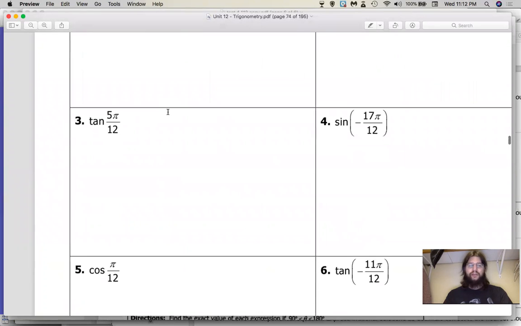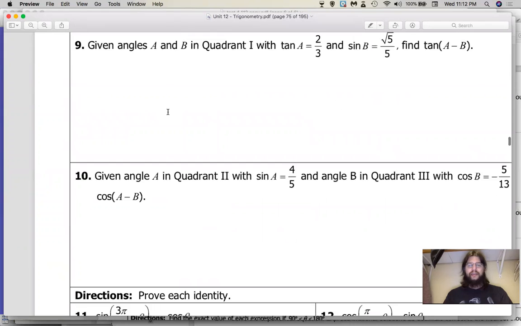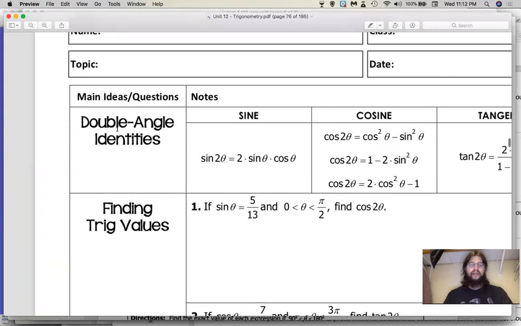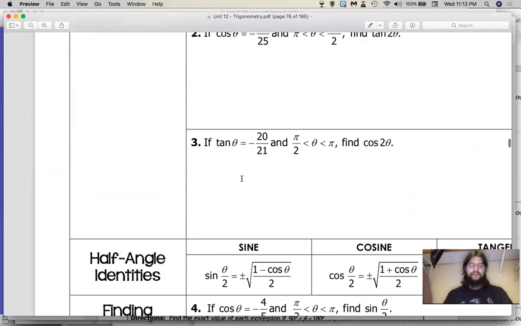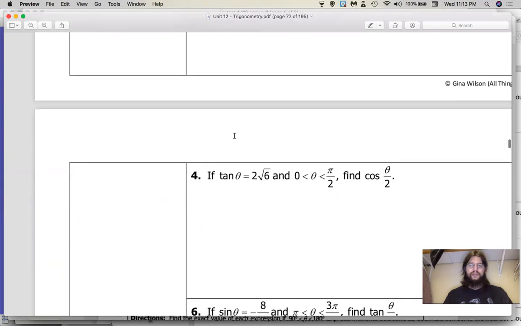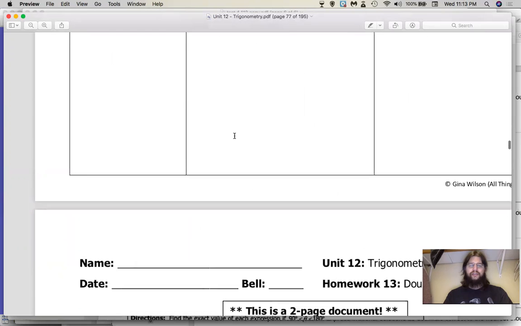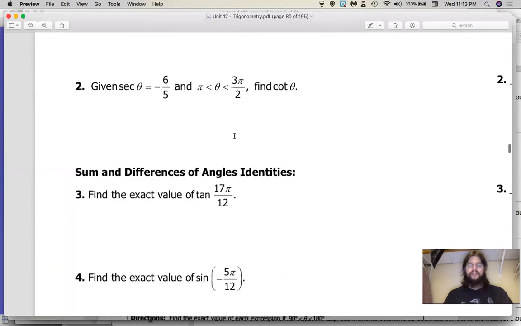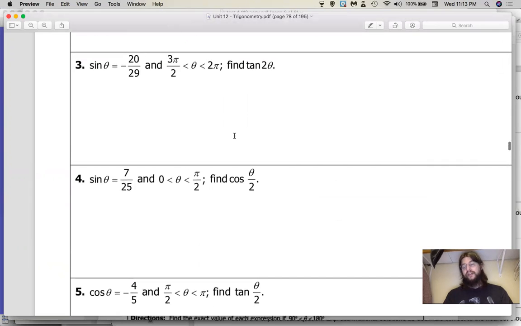We're going to prove them. We're also going to apply them. That's why we need to make sure we stay fresh on evaluating. Double angles, half angles. That should be it, I think, for this class. Let's see if we can add any more. Nope, that's it.